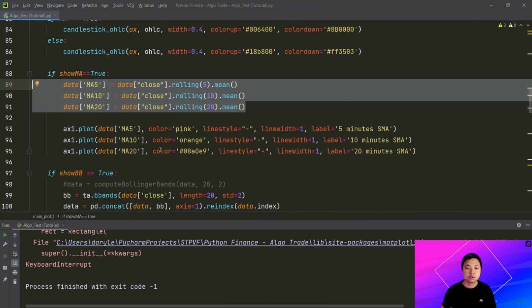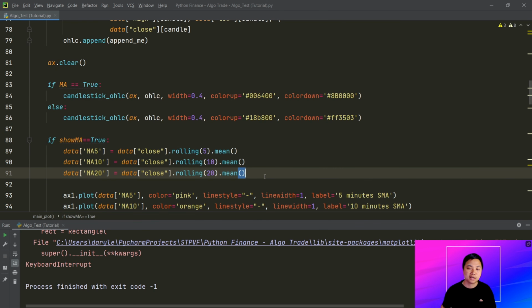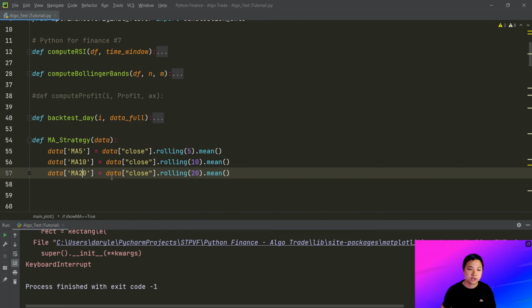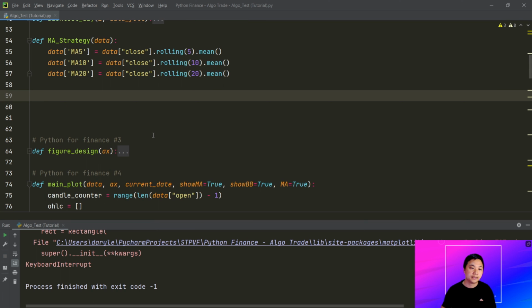However, I'm not going to pass them over to the moving average strategy, because sometimes we might not want to enable them, but still we would like to apply the strategy. So I just calculate them again. But of course, you can embed it with the show moving average option over there.